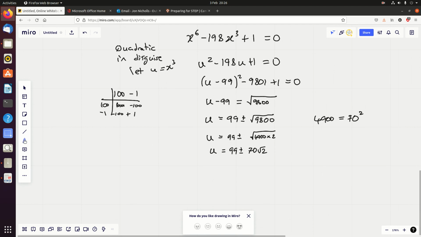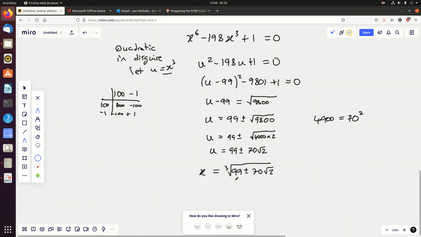Anyway, so the roots of our original, I think they call it sextic or something like that, a polynomial of order 6, our roots are x equals the cube root of 99 plus or minus 70 root 2.